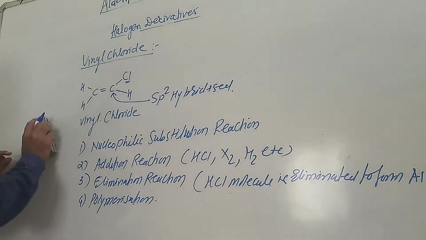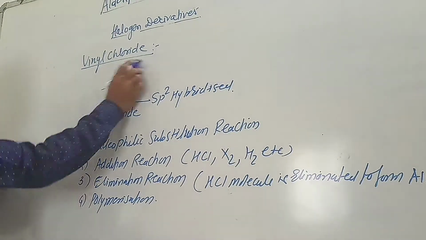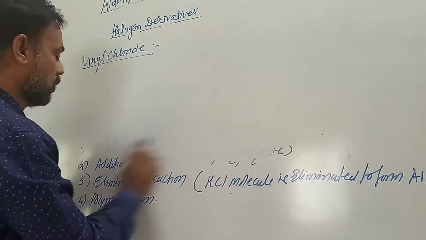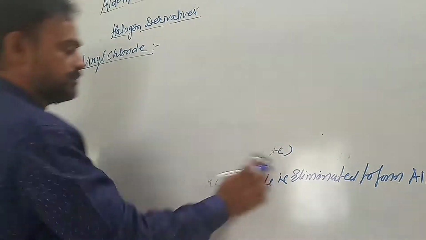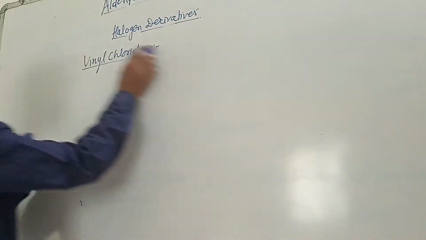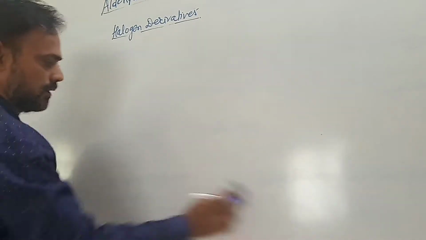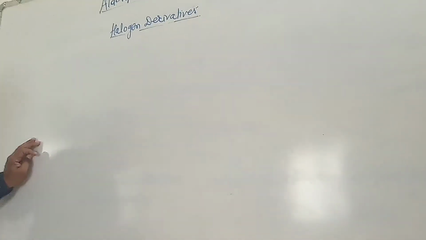Now, we see the preparation of vinyl chloride. Vinyl chloride is prepared from acetylene by the addition of an HCl molecule.